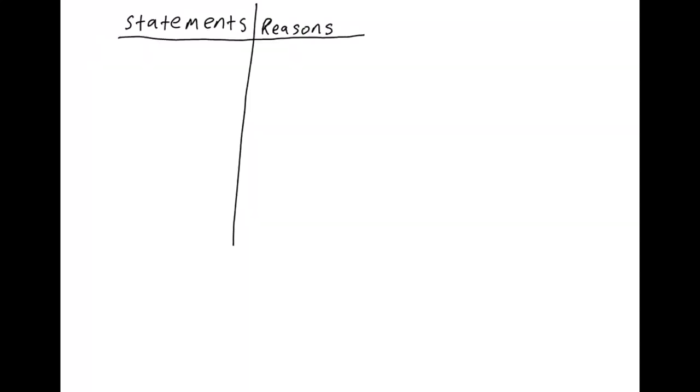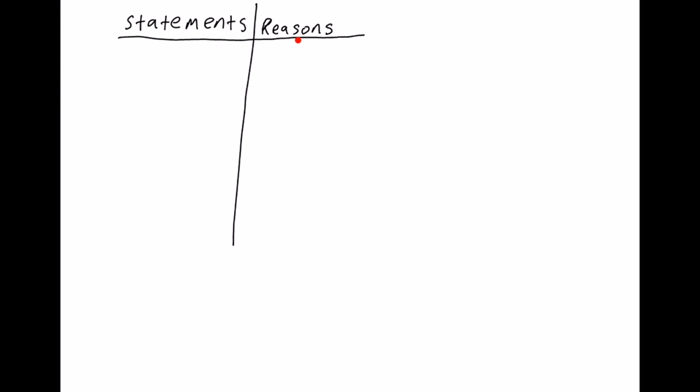Let's get started. So when you write a two-column proof, one column is your statements. You say things that are true, like something is congruent to another thing, or that two lines are parallel, which is usually the end of it, which I'll get to. And then the reasons are why those things are true.